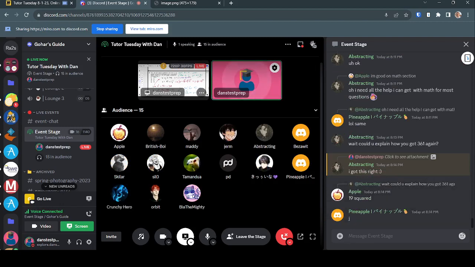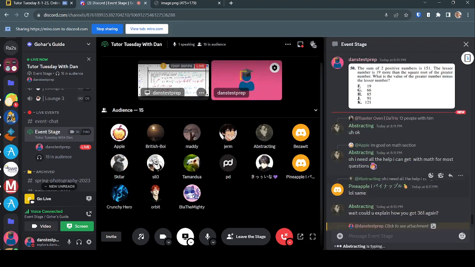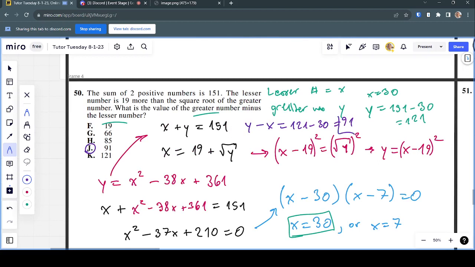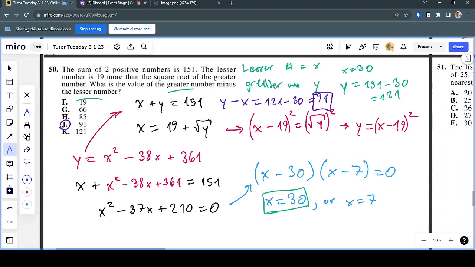Yeah, 361 comes from the 19 squared. That one ended up being a little bit messy. I had space down there. But the greater number minus the lesser number would be 91.